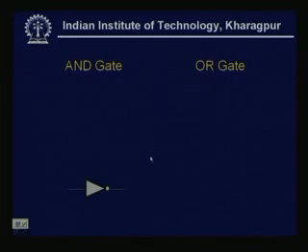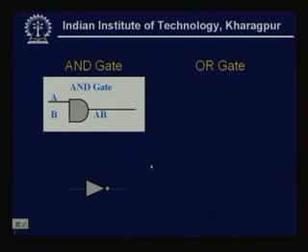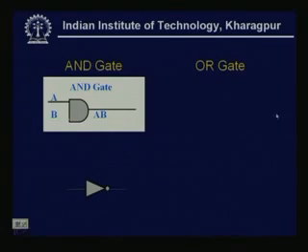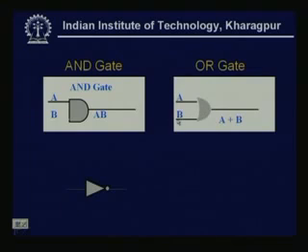Now, we see the AND gate and the OR gate. Again, these are the same, with another input B, and this is my OR gate. So, mainly these three things we will be discussing.